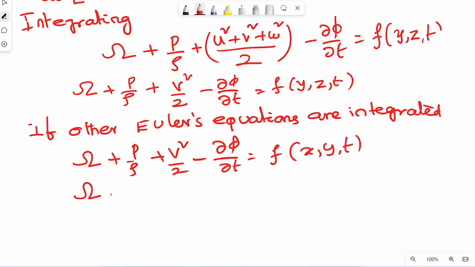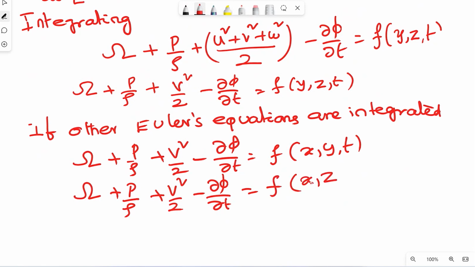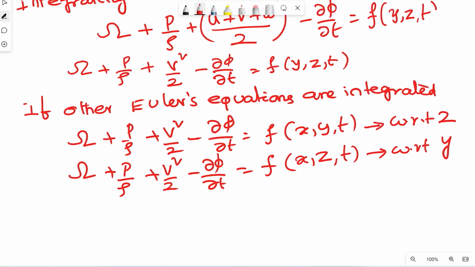The other one, p/ρ plus V²/2 minus ∂φ/∂t, is a function of x, z, t. This is with respect to z if you do the integration, and this is with respect to y. So the general format we obtained.